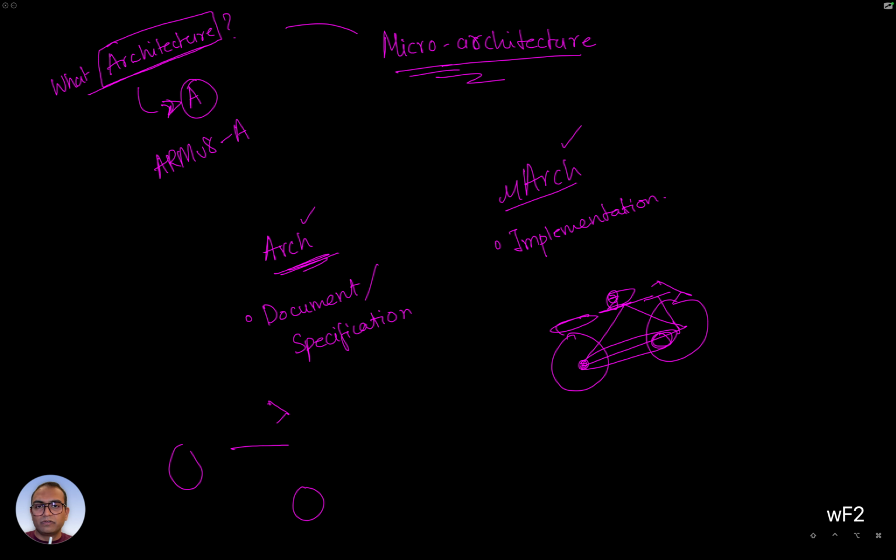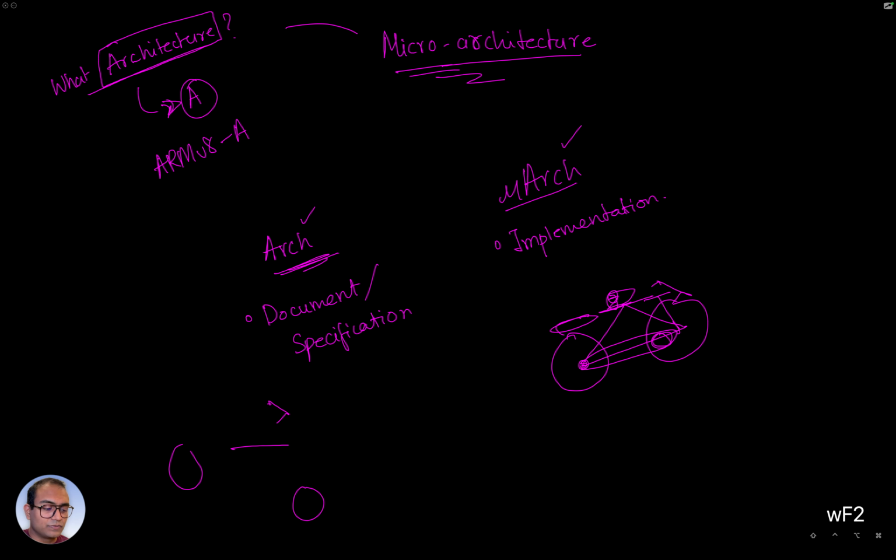So the idea is, given one architecture specification document, you can implement the same architecture in different ways. As in the case of a bicycle, the different implementations can have different degrees of performance. In one you can go uphill easily; in another, maybe you can burn fat more easily. So the architecture can be one, and microarchitectures are the implementations, and they can vary but achieve the same effect.